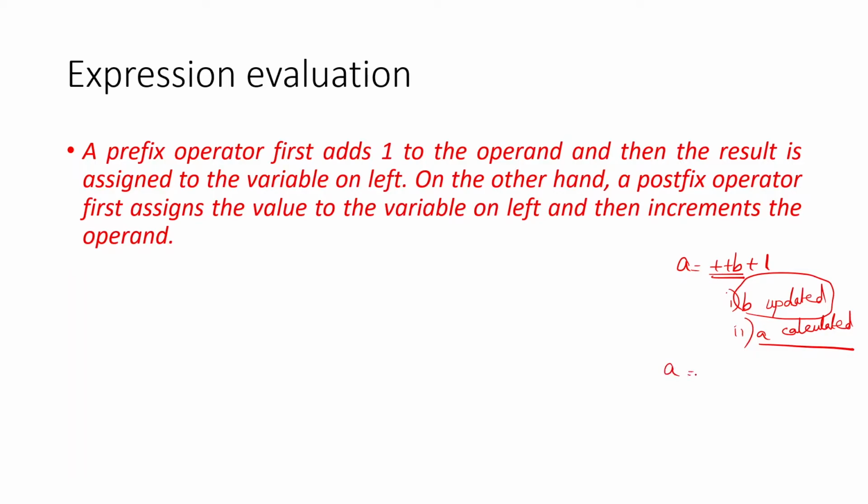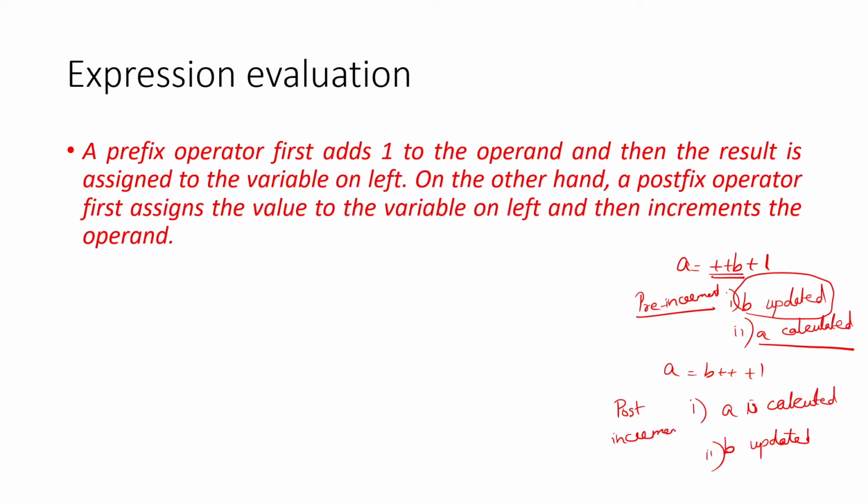But if we write a = b++ + 1, first a is calculated, okay, first the calculation is done and then only the b value is updated. So that is the difference between pre and post. So here this is pre-increment and this is post-increment.